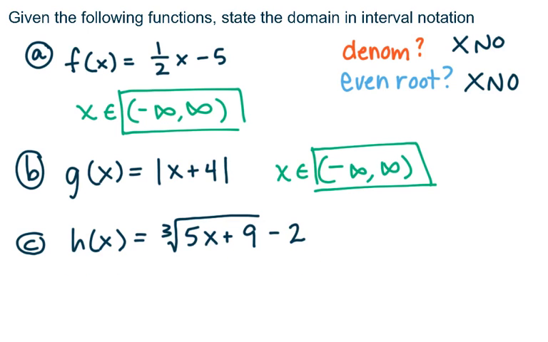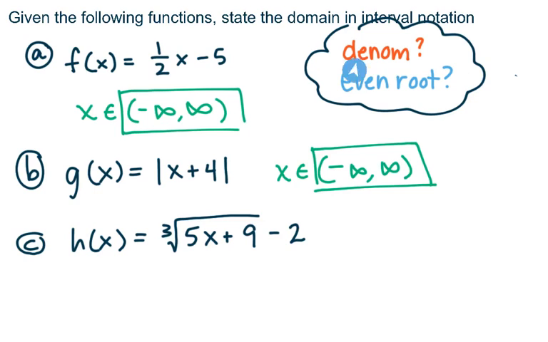Example C, h of x equals the cube root of 5x plus 9, minus 2. So again, we ask ourselves that same question. Do we have a denominator? Do we have an even root? Denominator, we do not have. Even root? Oh, do we?